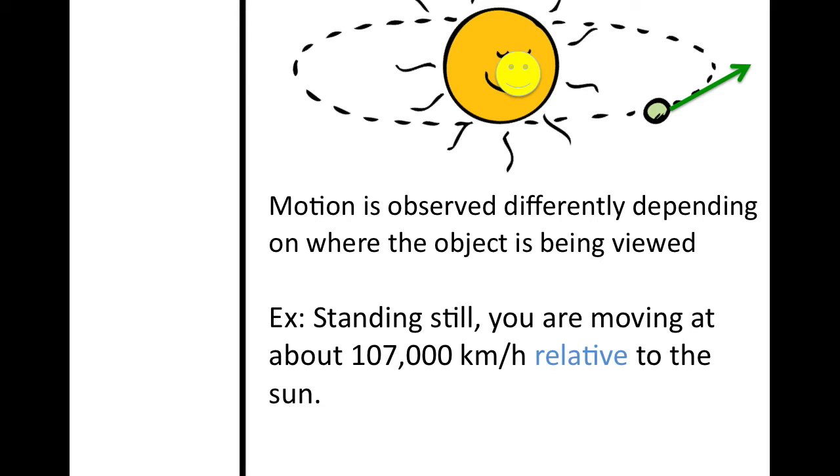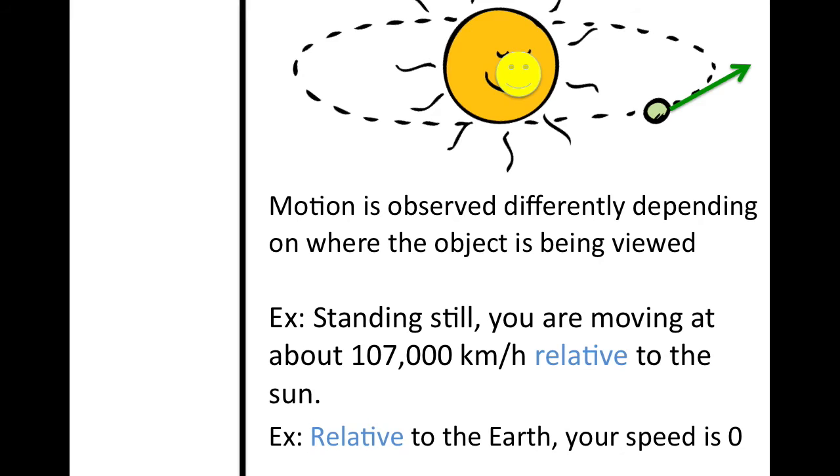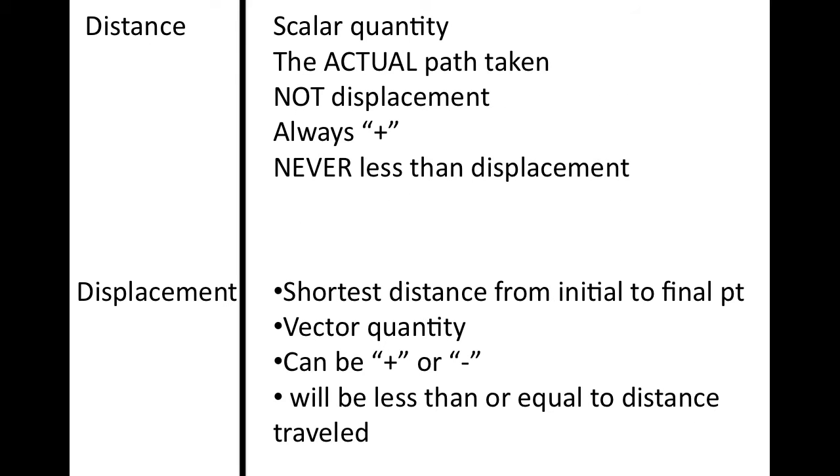But if they were looking at it relative to the sun, we would be moving 107,000 kilometers per hour. However, if you were standing still on Earth, looking at yourself, relative to the Earth, your speed is 0. So as you can see, it can get a little confusing where the observation is coming from. So we do say relative to. Relative to where will change your answer. So just be aware of that, and we'll go into more detail later.